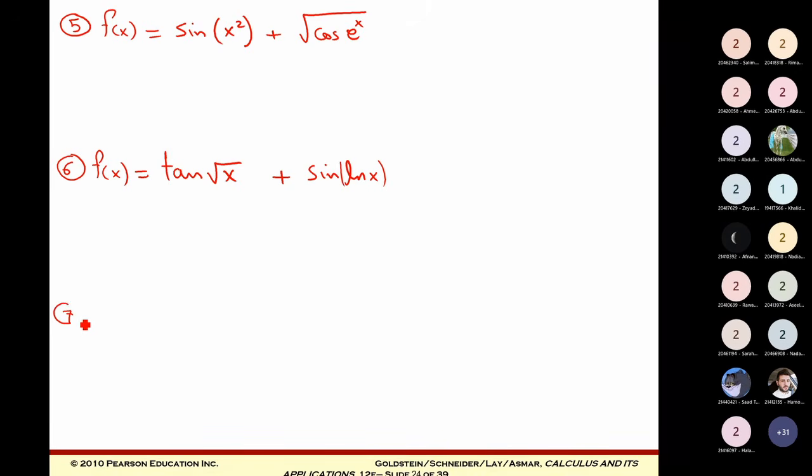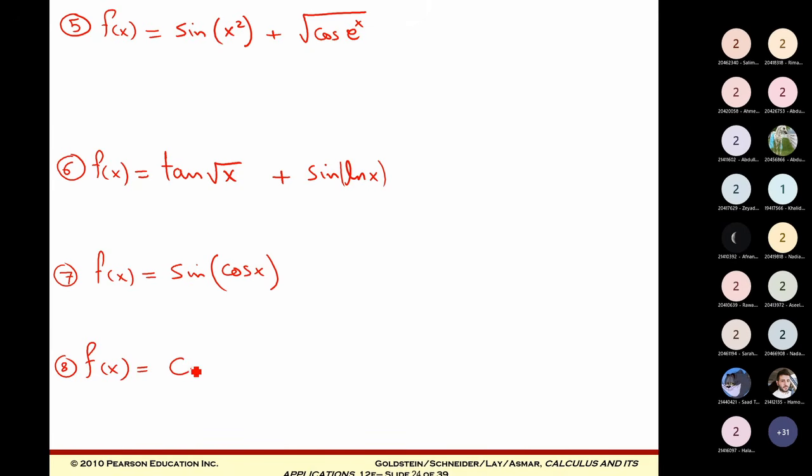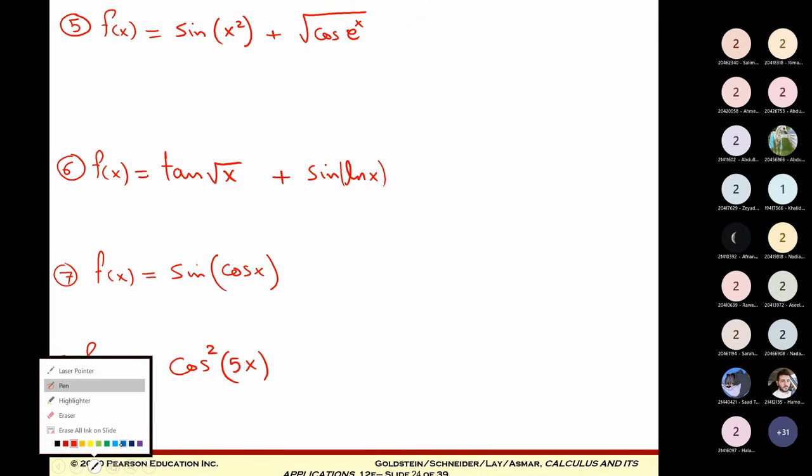Number 7, f of x equal sine for cosine x, f of x equal sine cosine x. And number 8, f of x equal cosine square for the 5x.